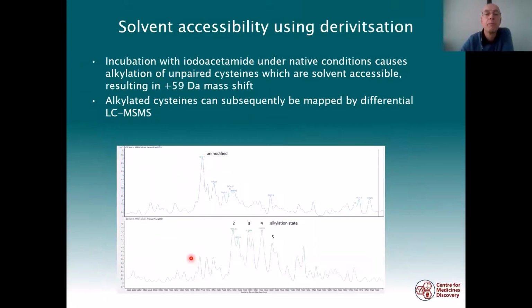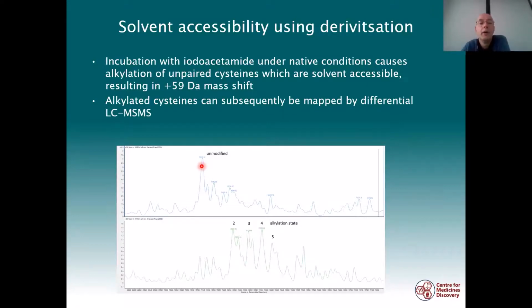There is another way of obtaining solvent accessible surface area data, and this is again by using derivatisation. So what we've done here is we have taken a protein, this is the unmodified, we just measured the intact mass, this is the unmodified protein, and then we've alkylated it.